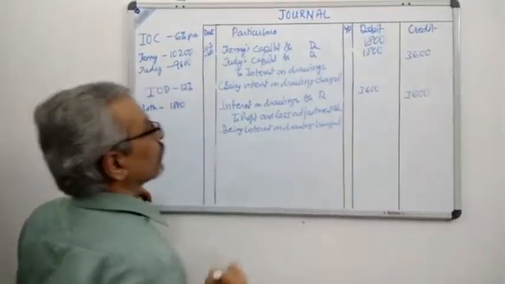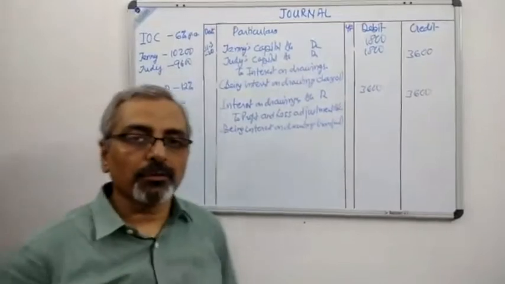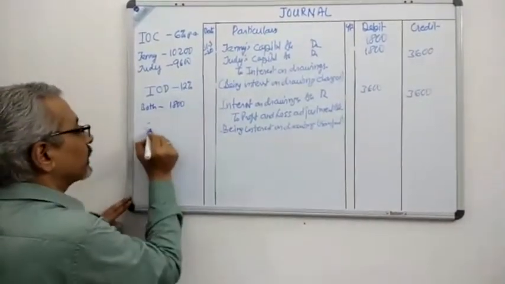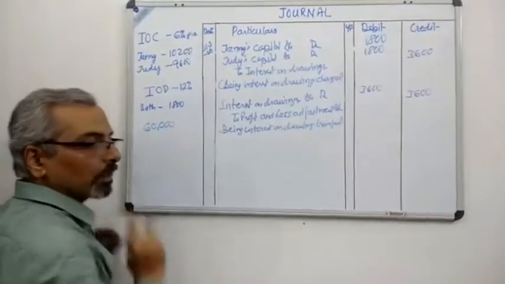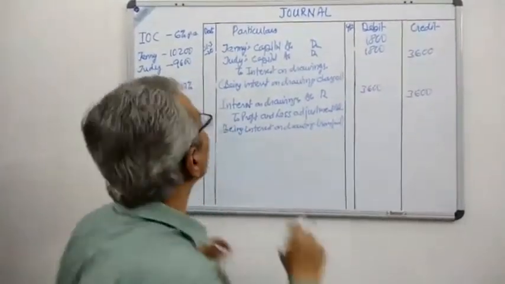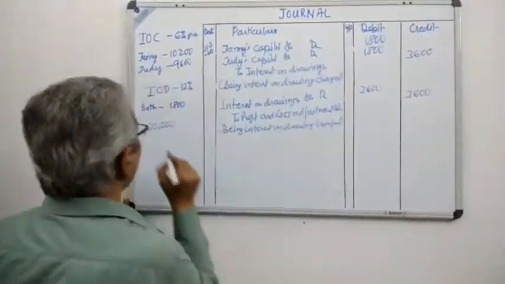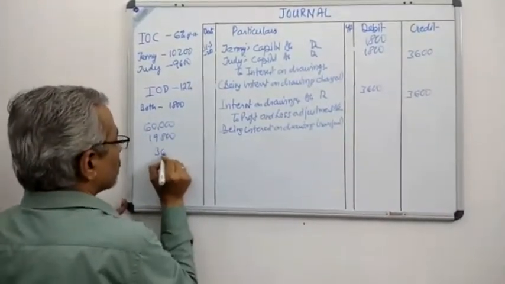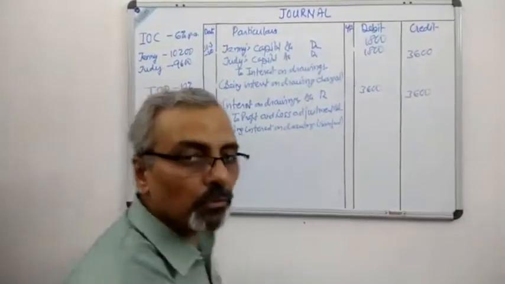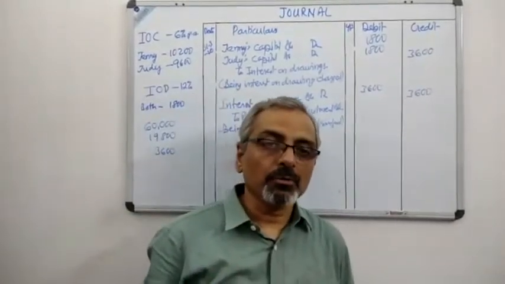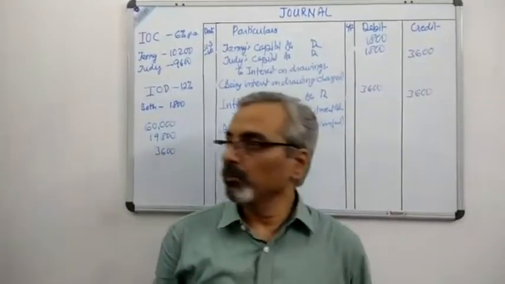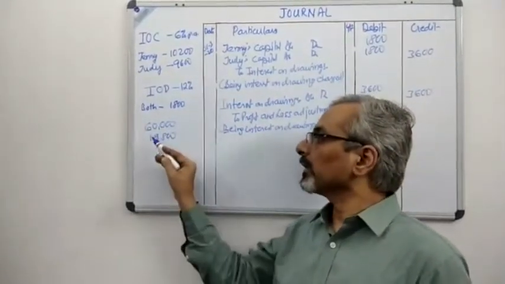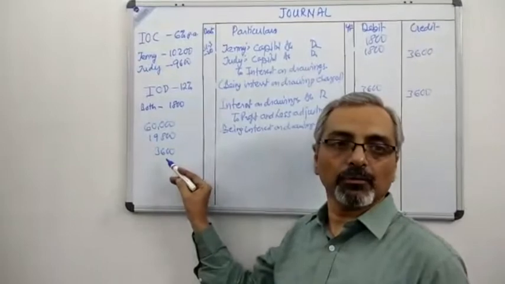Okay, so now please see very carefully. Initial figure what we had in the profit was 60,000. We have got the interest on capital which we have just now calculated as 19,800, and interest on drawing which we have calculated is 3,600. So now to find the correct profit, we need to take these three amounts into account, that is 60,000, 19,800 and 3,600.